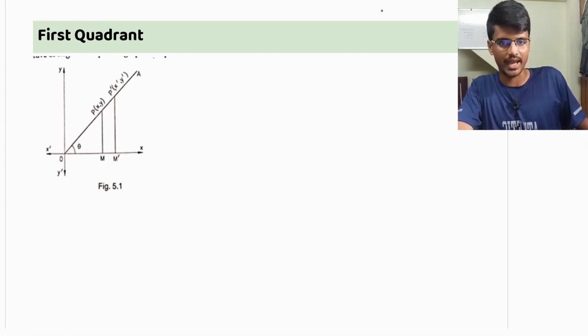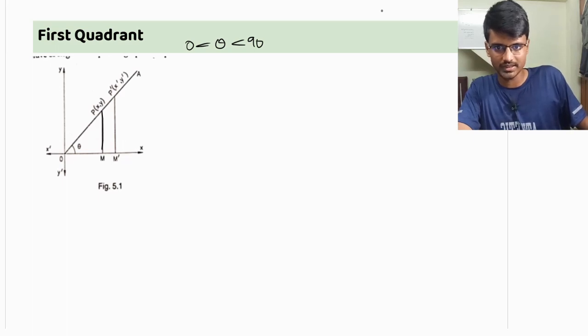Say we have an angle between 0 to 90 degrees. That means this theta is in the first quadrant. If I take this as my triangle, this is my x and this is my y.